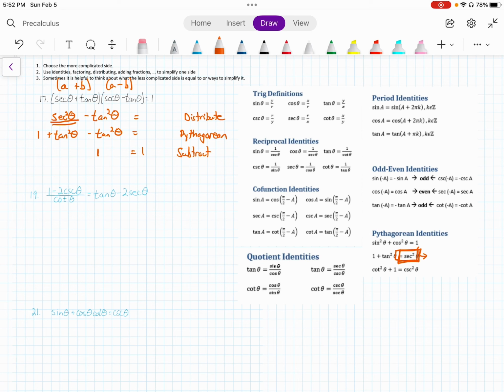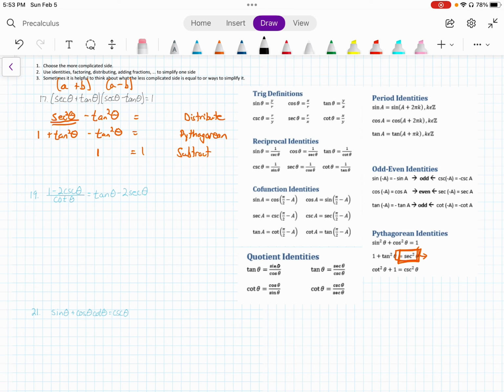What sticks out to me, so I'm just trying to give you some hints and clues along the way how to think through these. Our right side is 2 terms. It's tangent theta minus 2 secant theta. Right now, the left is only 1 term, but we have a denominator, and so we could think of that cotangent is a common denominator of both terms.